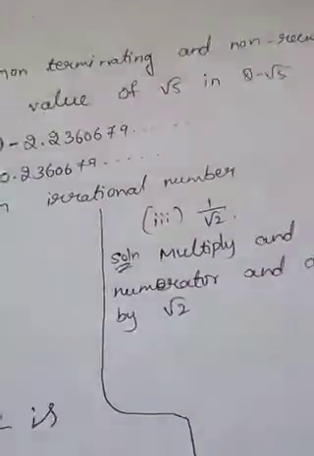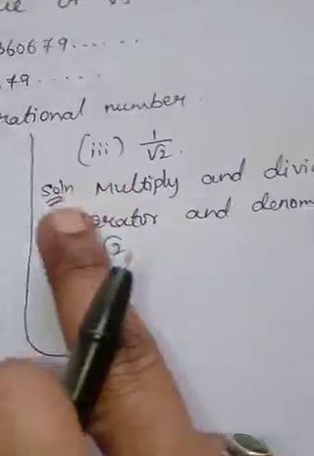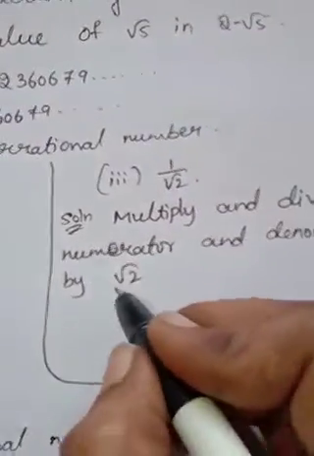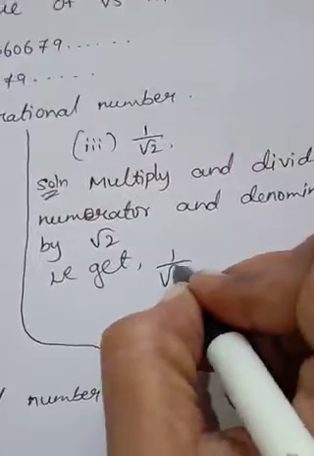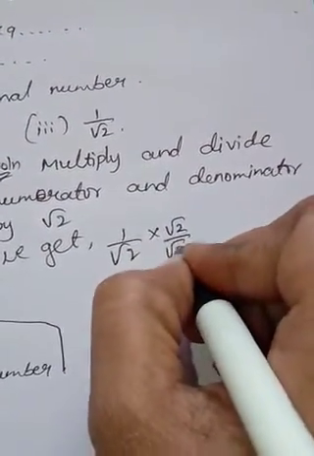Okay, because here we have root 2, that's why I am multiplying and dividing the numerator and the denominator by root 2. What I am going to get is 1 by root 2 into root 2 by root 2.